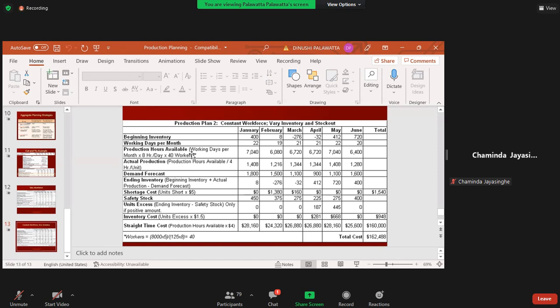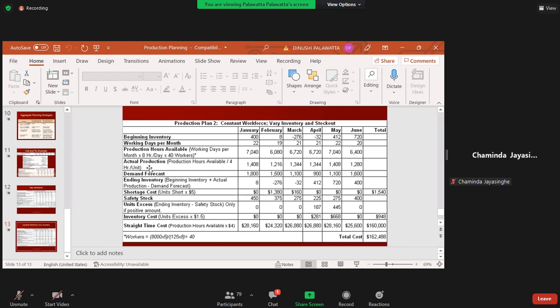Production hours available in January is 22 multiplied by 8: there are 22 days, in one day you have 8 hours, and multiply that by 40 workers. So in January you have 7,040 production hours available.